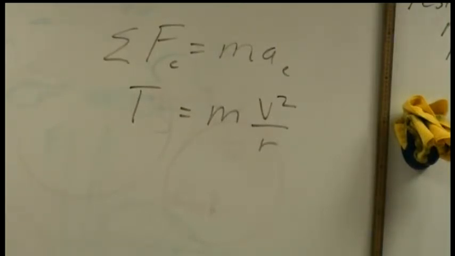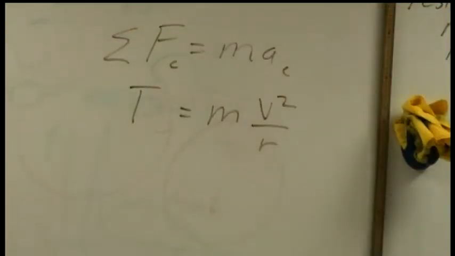If this is our V that we're getting to, what tension is required to pull it from here to here? This is the V we're interested in, V2. And the radius we're interested in is R2. So we plug everything in.